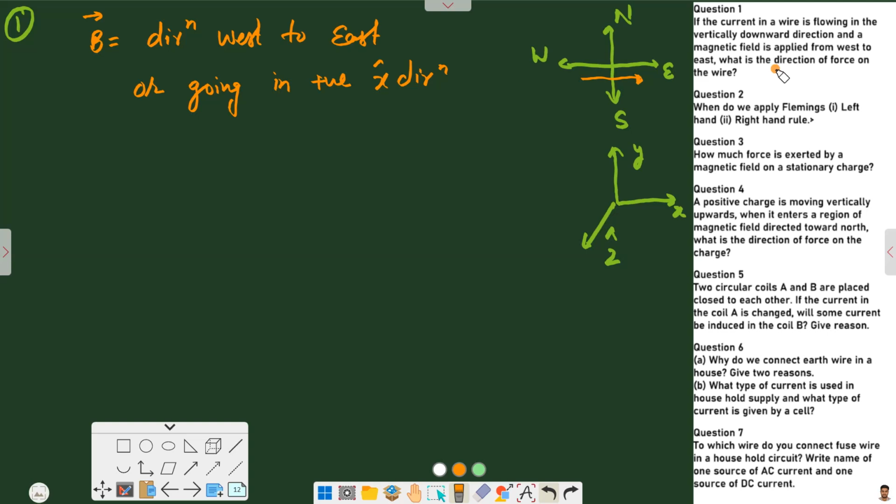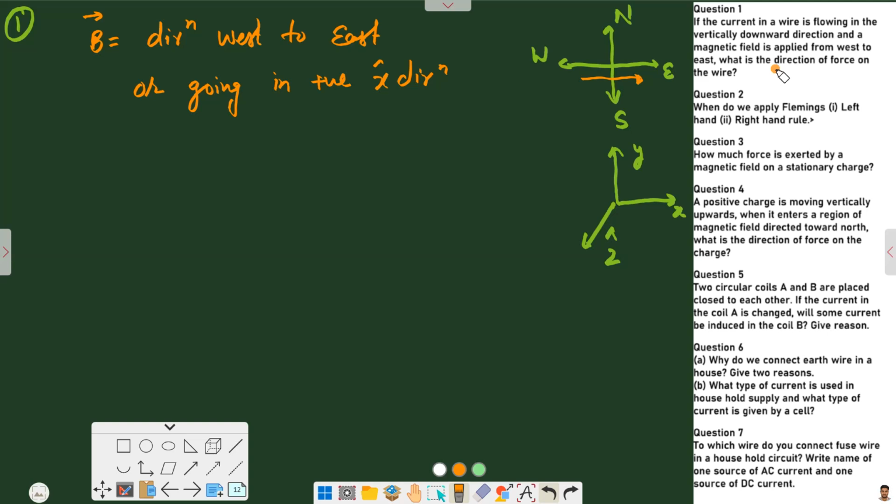Suppose you hang a pen vertically downward in your hand, then that pen represents your conductor with current going downward, and the magnetic field flowing from west to east. The force acting on this conductor can be on either the north side or the south side, depending on the direction we conclude using formulas.